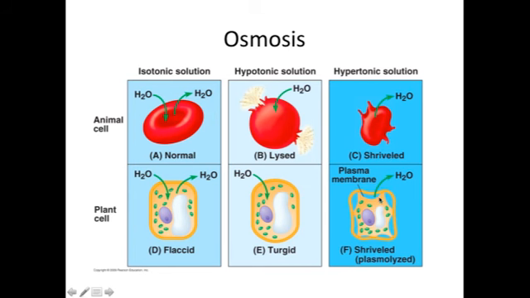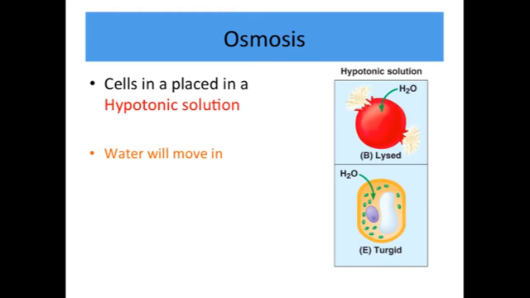So let's get these in your notes. Cells placed in a hypotonic solution, the water's going to move in, and animal cells will burst. Another word we're going to use for that is lyse. Remember lysosomes from your organelles, they break things down. Well, when we talk about animal cells swelling up and bursting, it's becoming lysed.